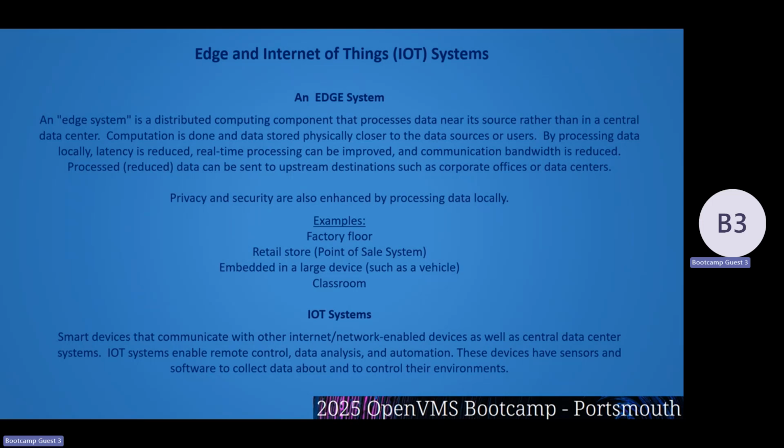It's basically a bunch of edge systems that are put together. IoT is the Internet of Things. They talk to each other. They give you the ability to do things like remote control, data analysis, automation. They can have sensors and software to collect data about the environment that they're sitting in, and they can also control the environment that they're sitting in.